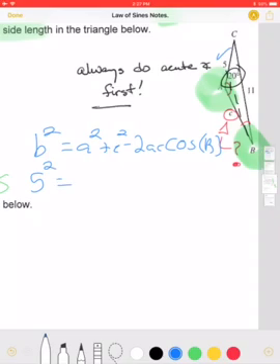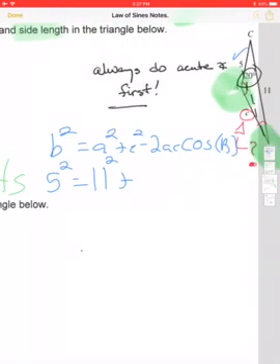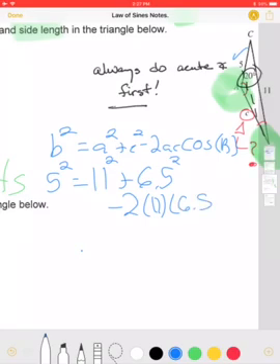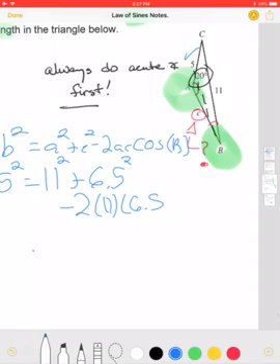I know that a is 11. And I know that c, in this case, let's approximate it to be 6.5. And if I deduct two versions of 11 and 6.5, this would just leave me with cosine of angle B, which is what I'm looking for.